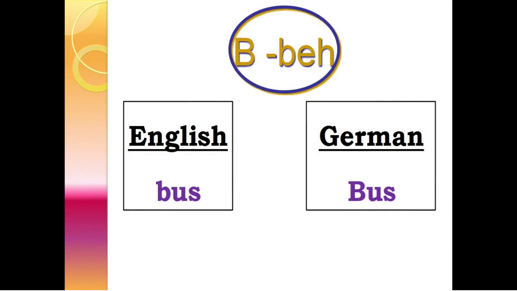The B of German can be heard in an English word such as bus, and in German, bus is interestingly written as in English but pronounced as bus, as you can see here.